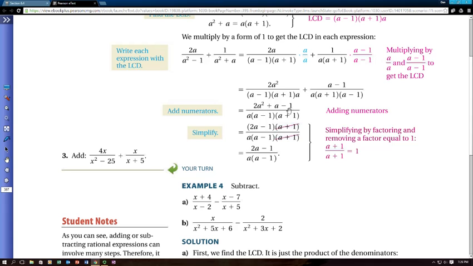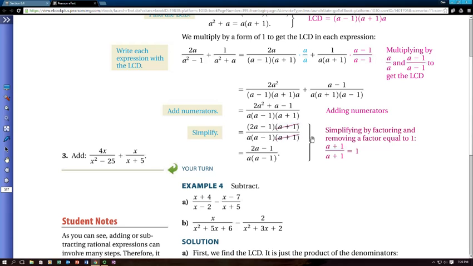I have a trinomial. The first thing you should look for: do I have a perfect square trinomial, where the first term has to be something squared and the last term too? Well, neither one of these are something squared, so that's out. So what you end up doing is grouping or reverse FOIL, and I end up factoring this into 2a minus 1 times the quantity a plus 1.